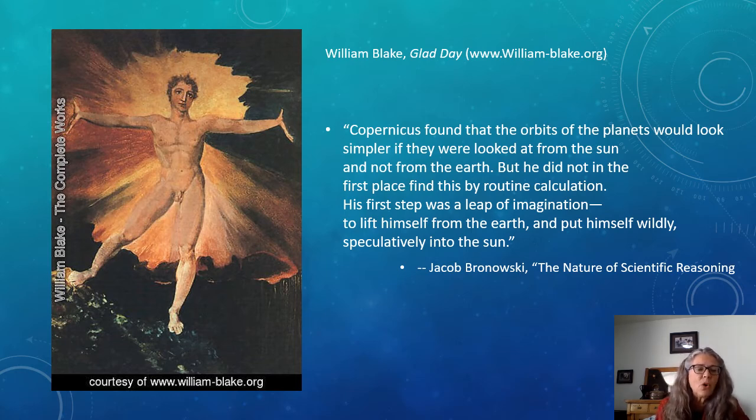Copernicus found that the orbits of the planets would look simpler if they were looked at from the sun and not from the Earth. But he did not, in the first place, find this by routine calculation. His first step was a leap of imagination to lift himself from the Earth and put himself wildly, speculatively into the sun.